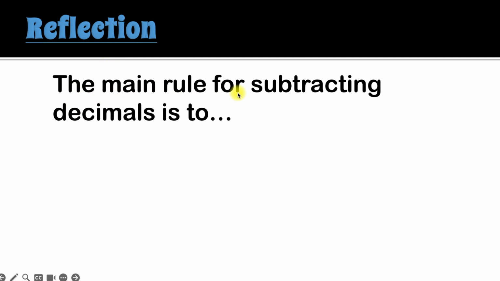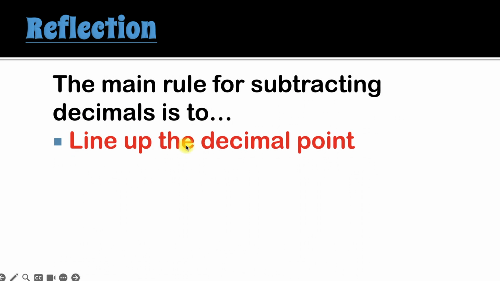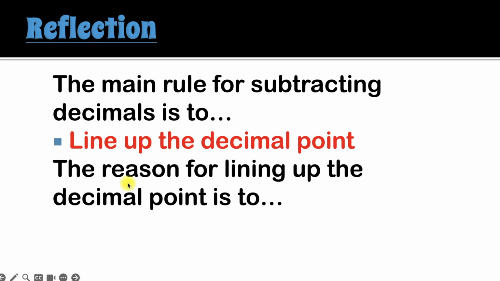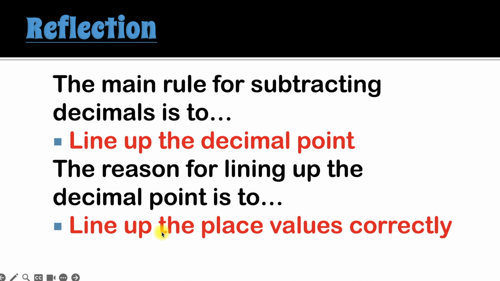So let's reflect on what we've learned today. The main rule for subtracting decimals is to line up the decimal point. The reason for lining up the decimal point is to line up the place values correctly.